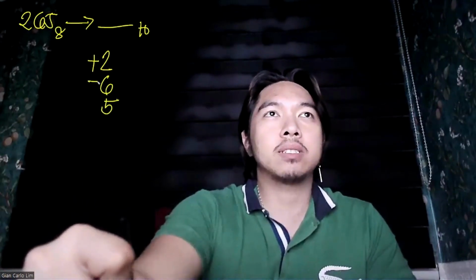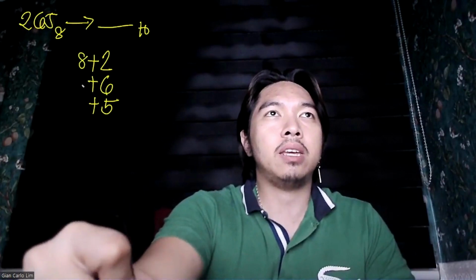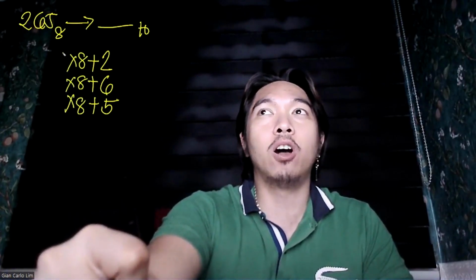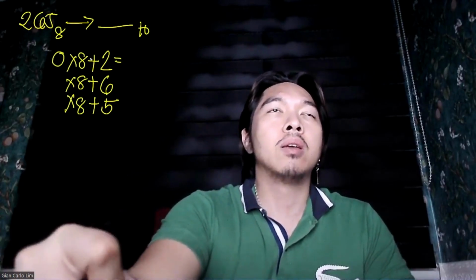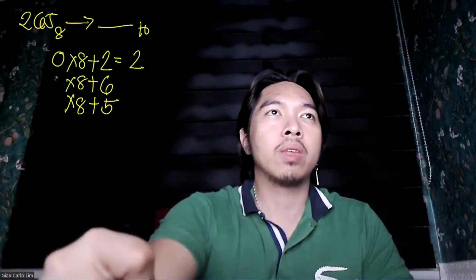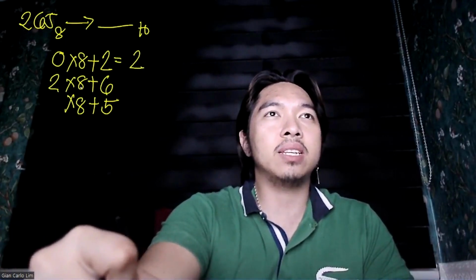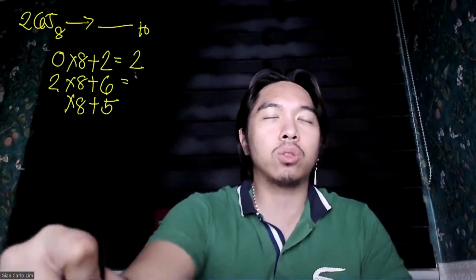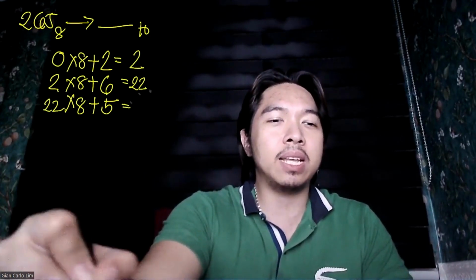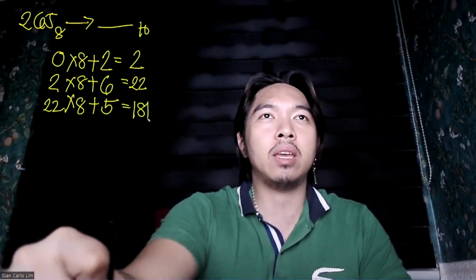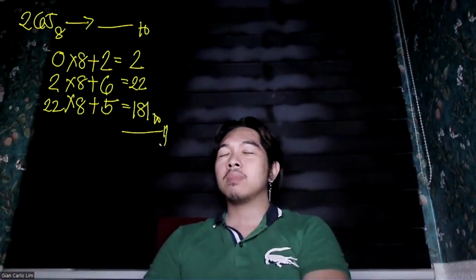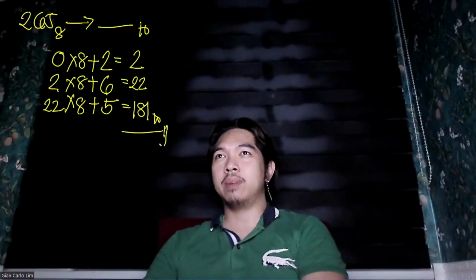And then plus, 8, 8, 8, then times, and times. This by default, 0. So, 0 times 8 is 0. This becomes 2. 2 times 8 is 16 plus 6. So that's equal to 22. 22 times 8 plus 5 is then equal to 181 base 10. Then we now have the conversion to decimal.